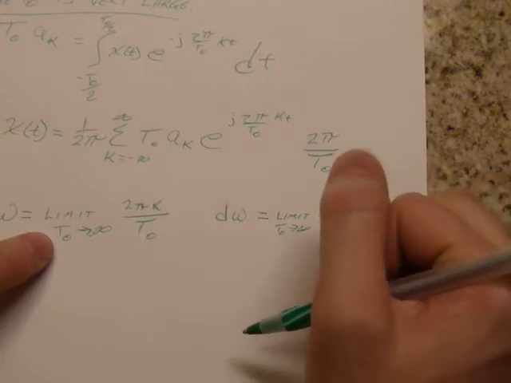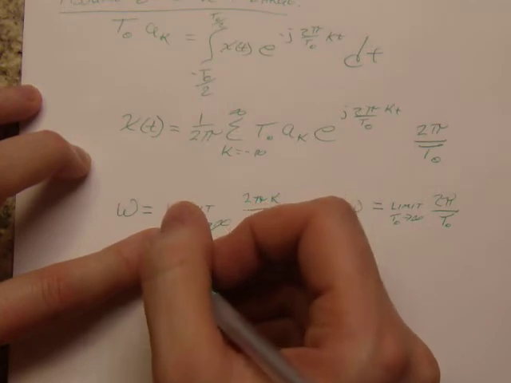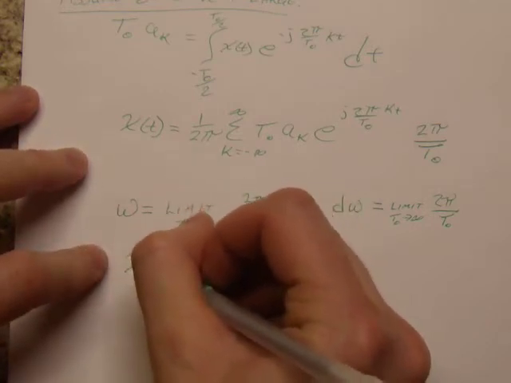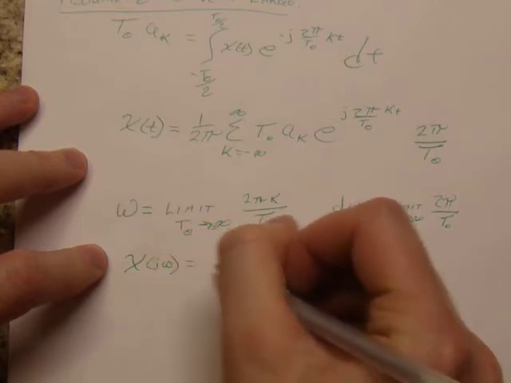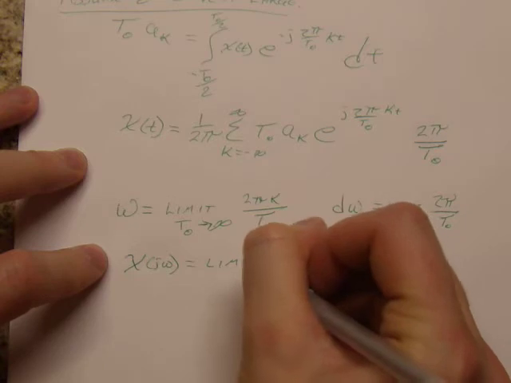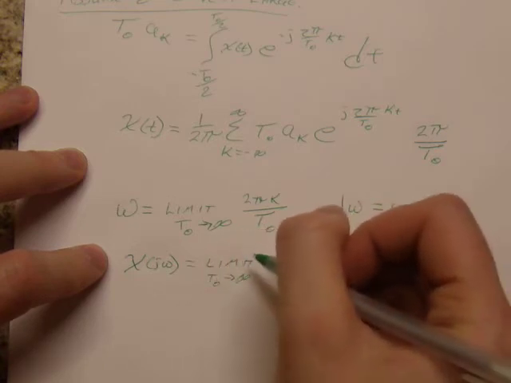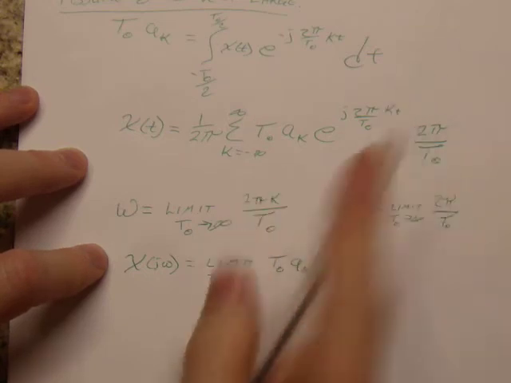And one more: x of j omega is equal to the limit as t naught approaches infinity of t naught a of k.